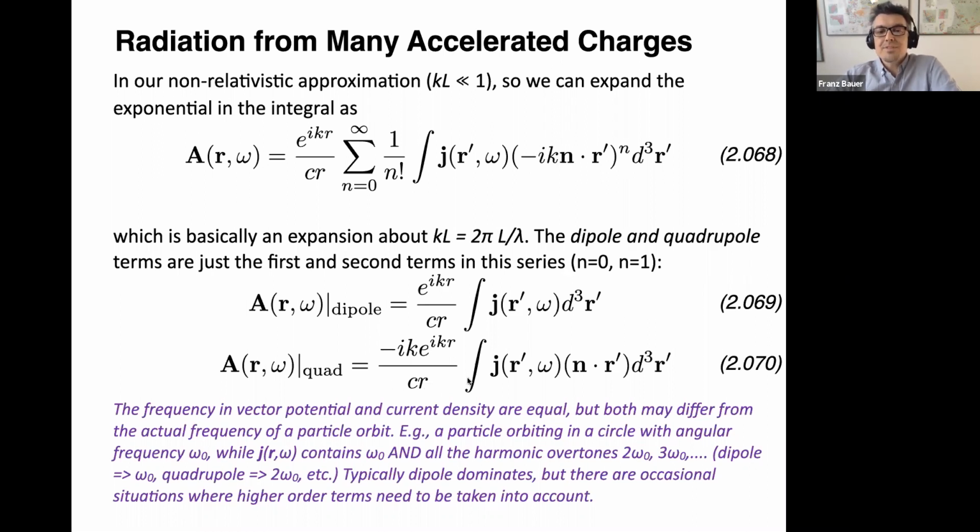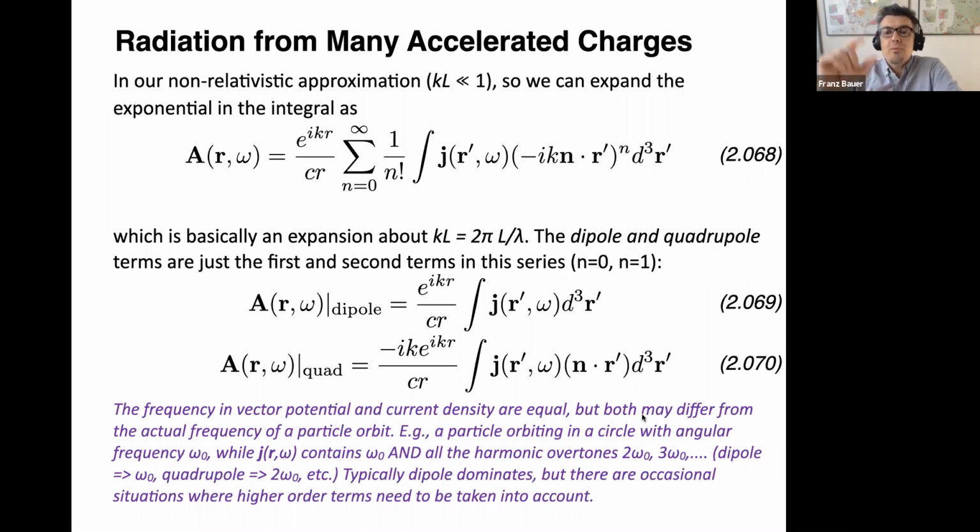But there are some cases where when you evaluate this, it might end up being something not complex anymore. But the key one, the one that's dominating here, is going to be the dipole. And so here the frequency in this vector potential and the current density are equal.